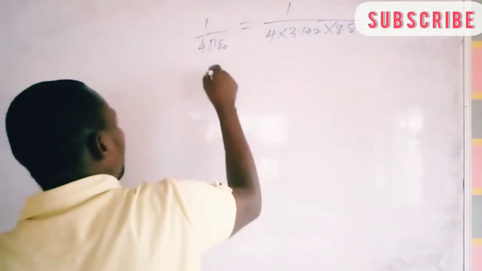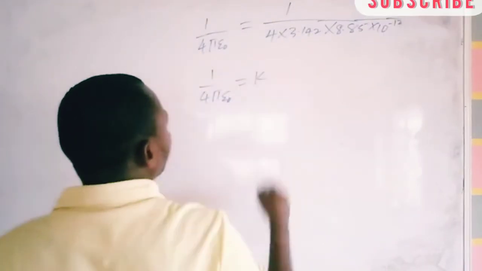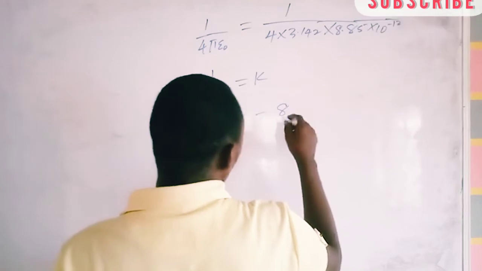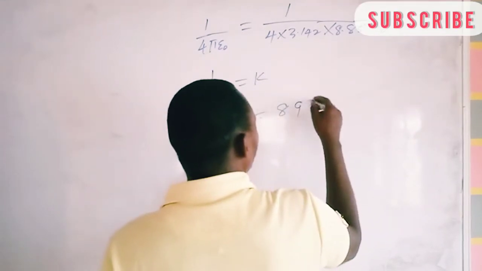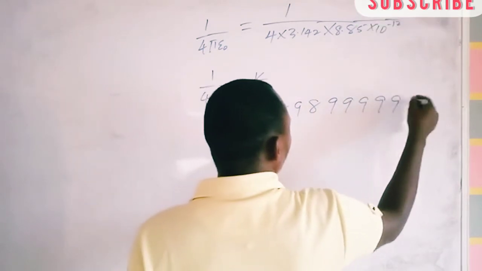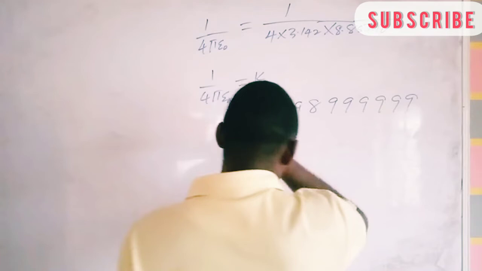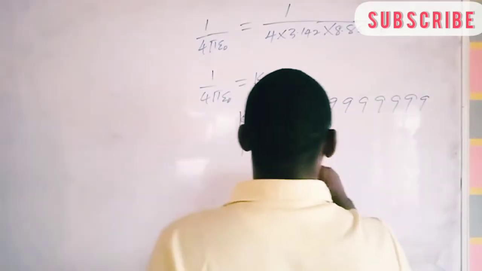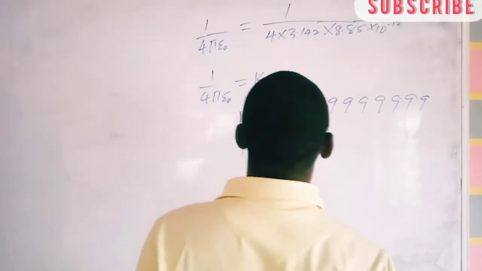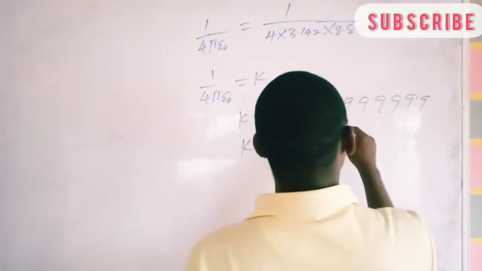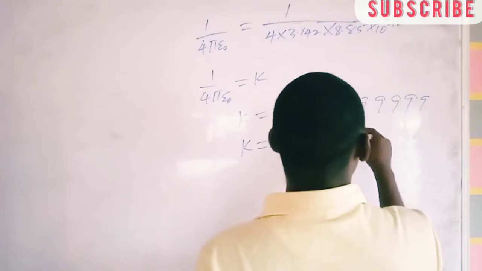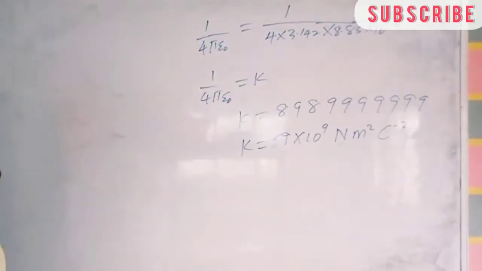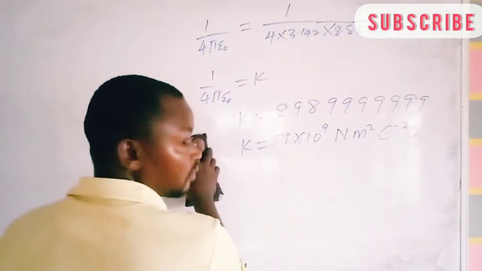And 1 over 4 pi E naught equals K, which means that K equals 8.99 times 10 to the power 9, which is Newton meter square per coulomb square. That is a unit. Okay?